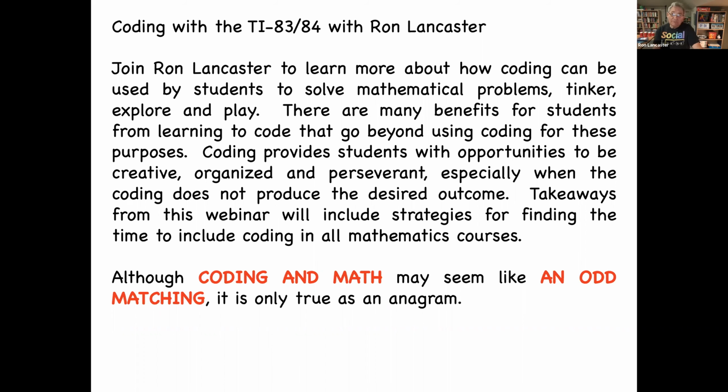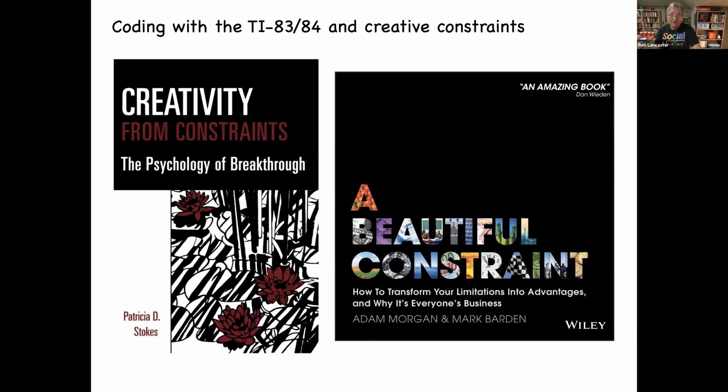Some of you might get questions about why code with the TI-84, because we could make a good case that Python is much more powerful and much better, or other programs as well. So why the 84? One of the key things for me is that it's all about constraints.